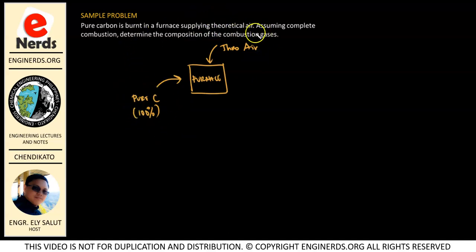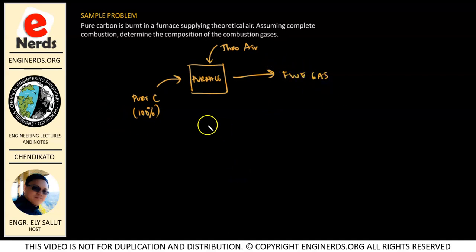And then, sabi sa ating given, we are assuming complete combustion dito. So, kailangan nating malaman is ano yung composition ng ating flue gas, yung resulting combustion gases natin. Okay, so we have our flue gas here.